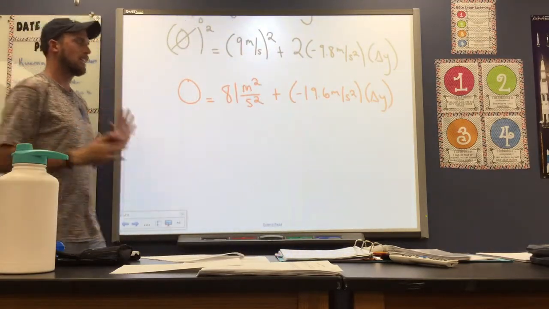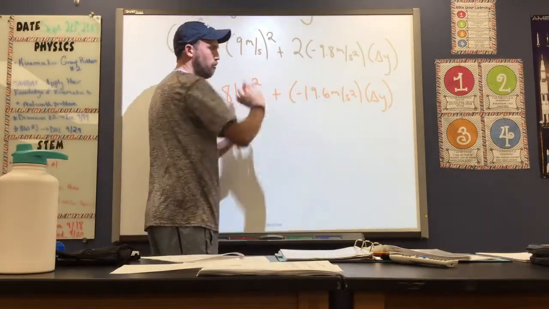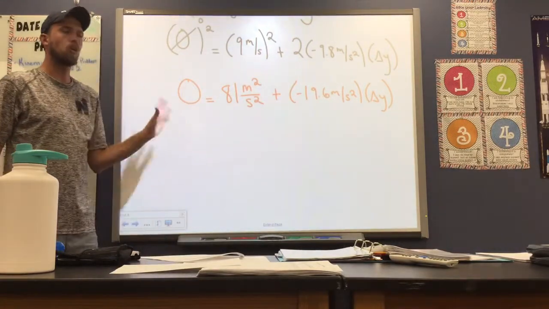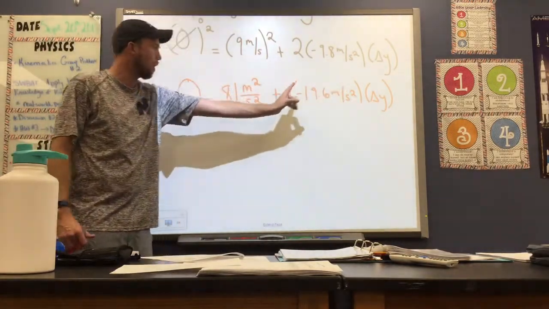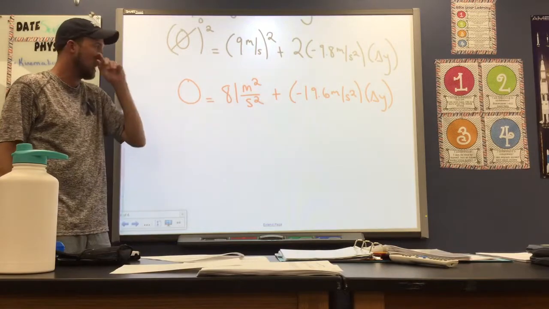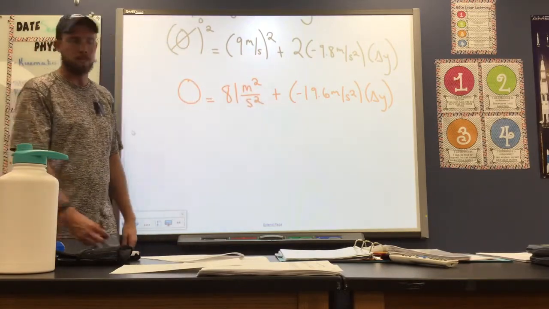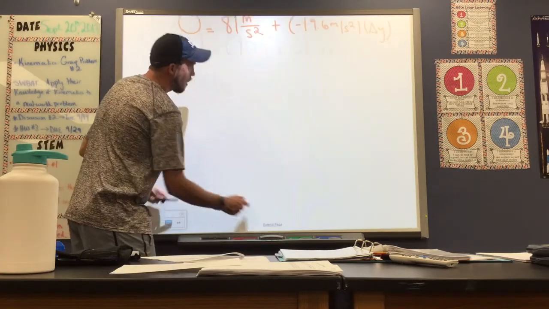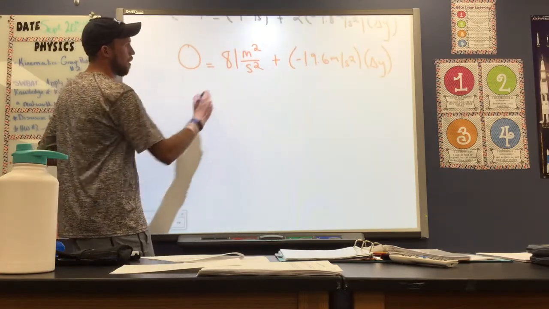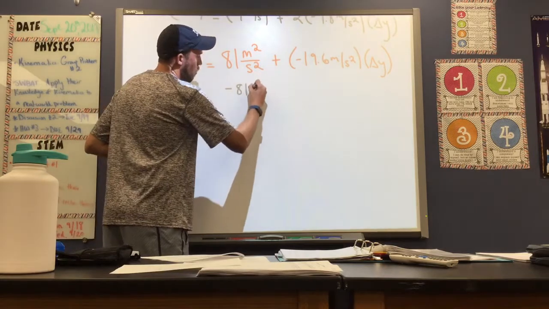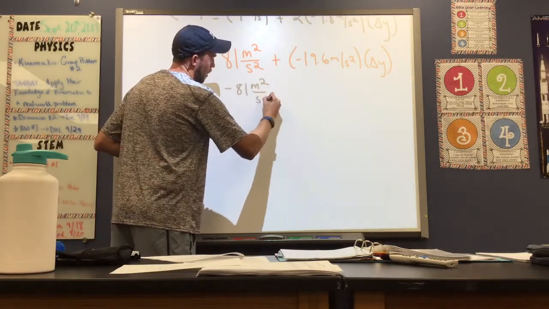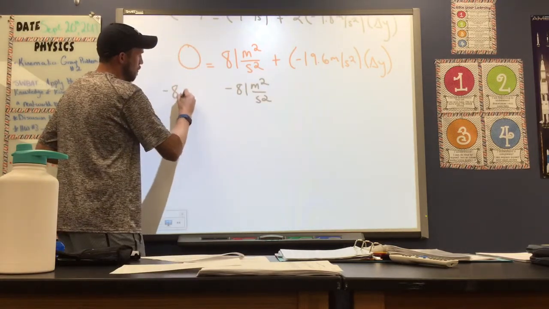And now you'll notice it seems as though all of our values have moved to the right side. So in order to get delta y by itself, I want to try to get rid of something over here. And the easiest thing I can start by getting rid of is this 81 meters squared per second squared. So let's do that. I'm going to subtract 81 meters squared per second squared on both sides of my equation.